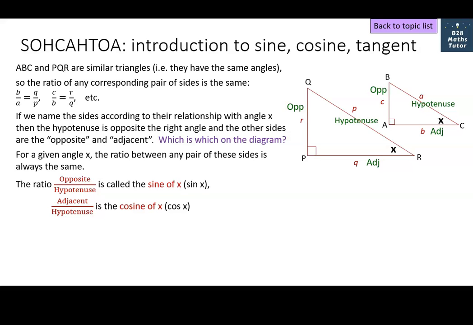And when you've got the opposite and the adjacent, opposite divided by adjacent, so R over Q or C over B, is the tangent of angle X.